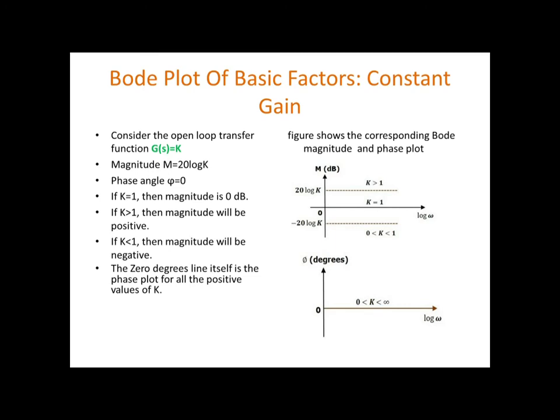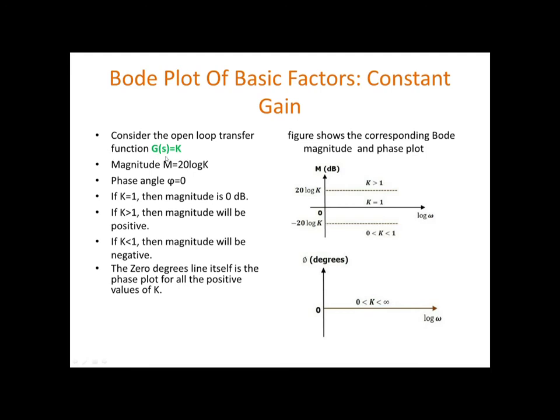So, let us start with the Bode plot of basic factors such as constant gain. For this constant gain, I am considering here G(s) equal to K, which is actually the open loop transfer function. So, the sinusoidal transfer function will be G(j omega). We will put j omega instead of s.